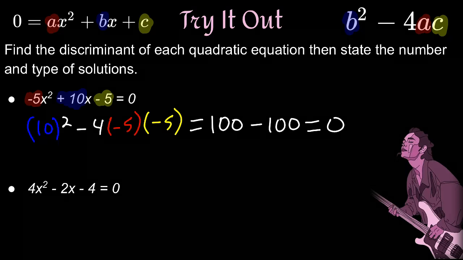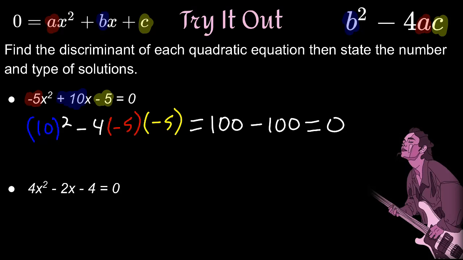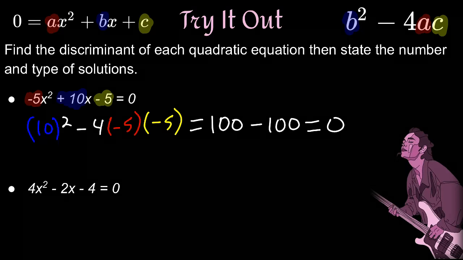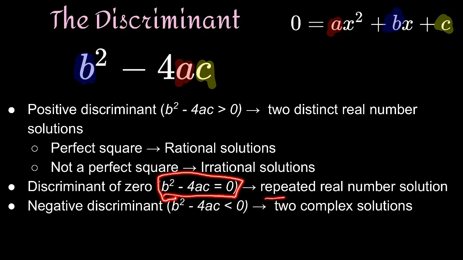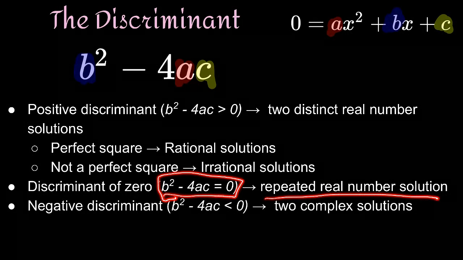And so what does that tell us? It says to state the number and type of solutions. So, gosh, I don't remember what that tells us. Let me go back to my notes on that previous slide and see what it means when we have a discriminant equal to 0. We have a repeated real number solution.